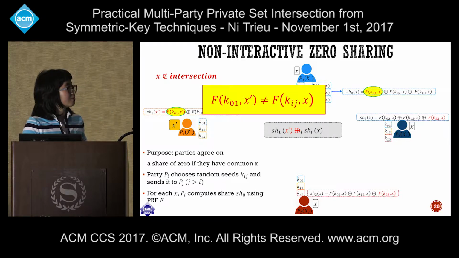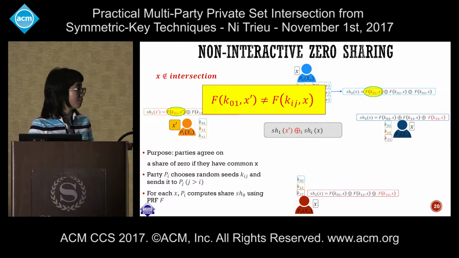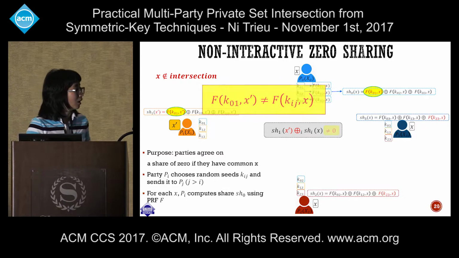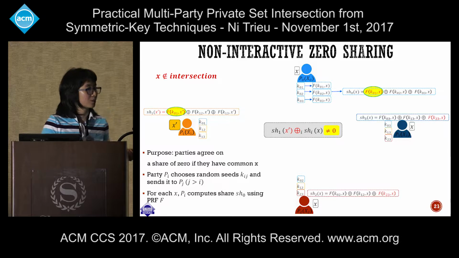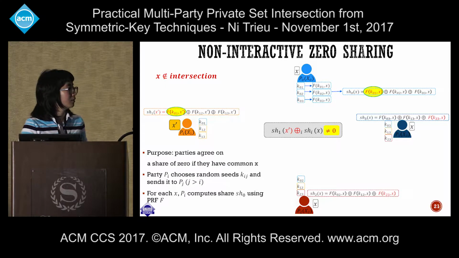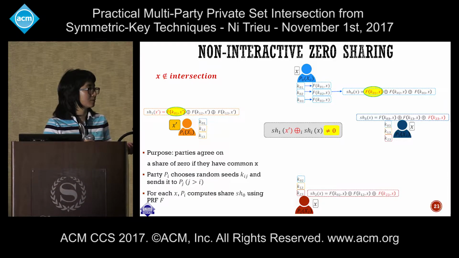And if x isn't in the intersection, so for example here P1 has x prime, P1 computes the share of f of x prime, which is equal to that one. Now we again look at the XOR of the shares. We can see that f of x prime under the key 0,1 appears only one time, and f of x prime doesn't equal to any f of x.